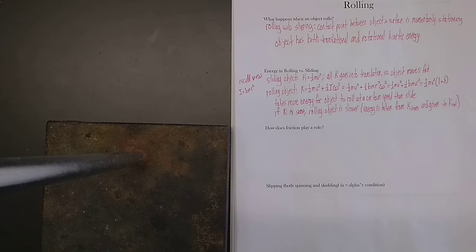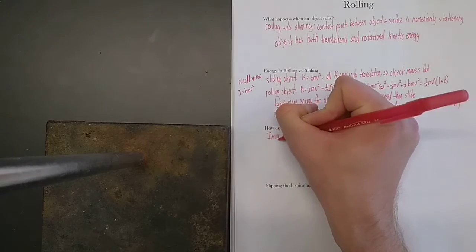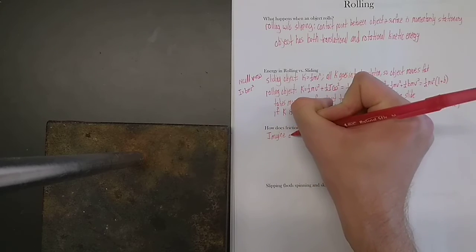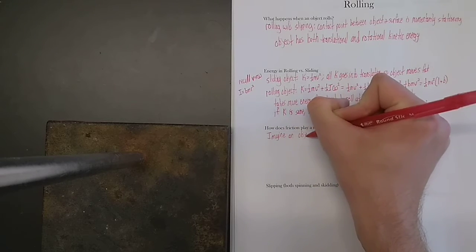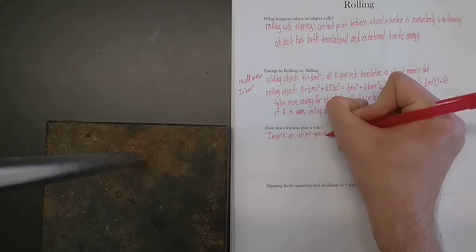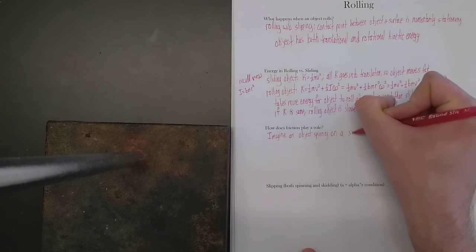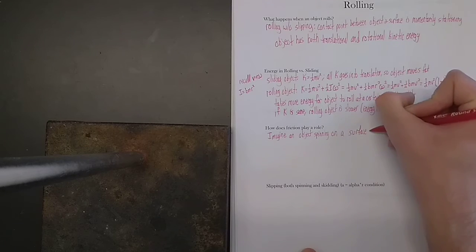I want to talk really quick before we get to our example about how friction plays a role, and a little tiny bit about slipping and skidding, or spinning and skidding. But let's start with friction. We're going to imagine an object spinning on a surface with friction.